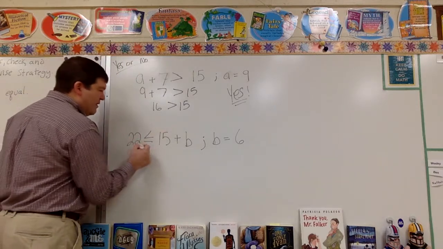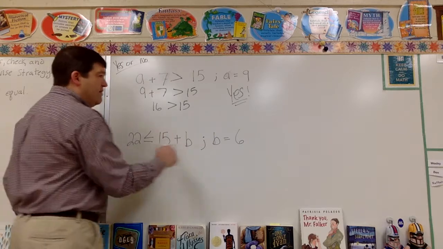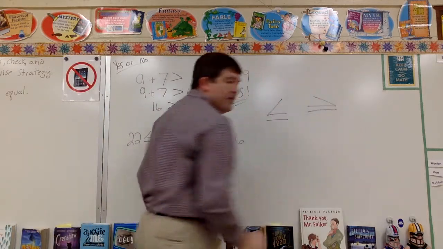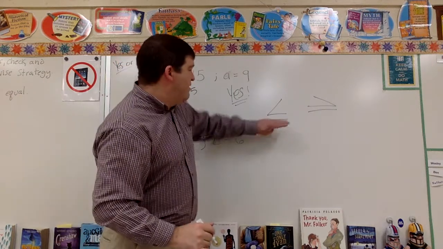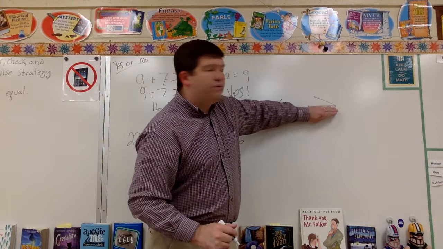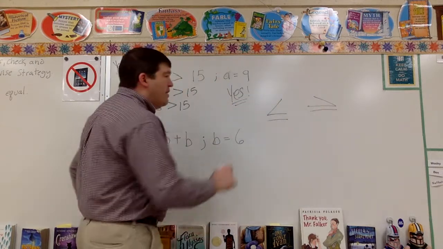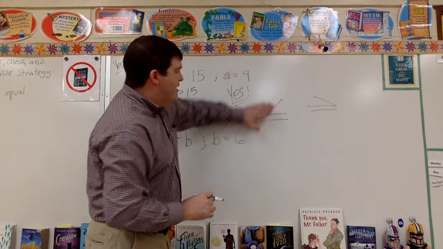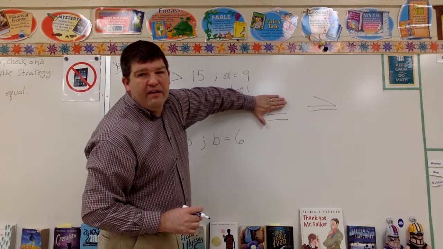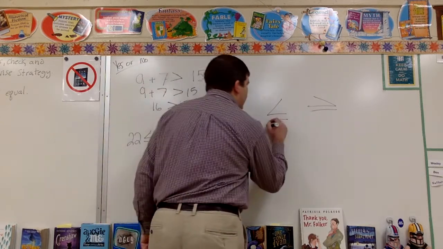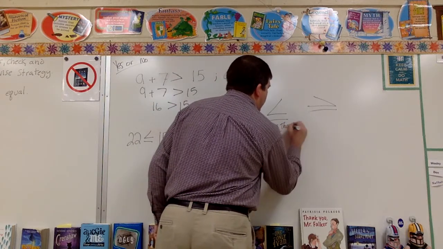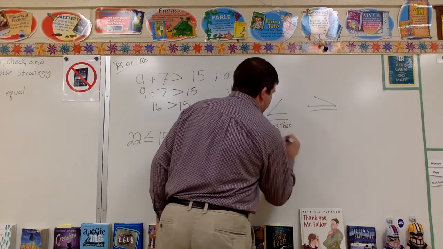22. Now let's look at this symbol for a second. Okay, I know that this is less than and this is greater than. But if you have a line under it, it looks like equals. So what this is saying is less than or equal.